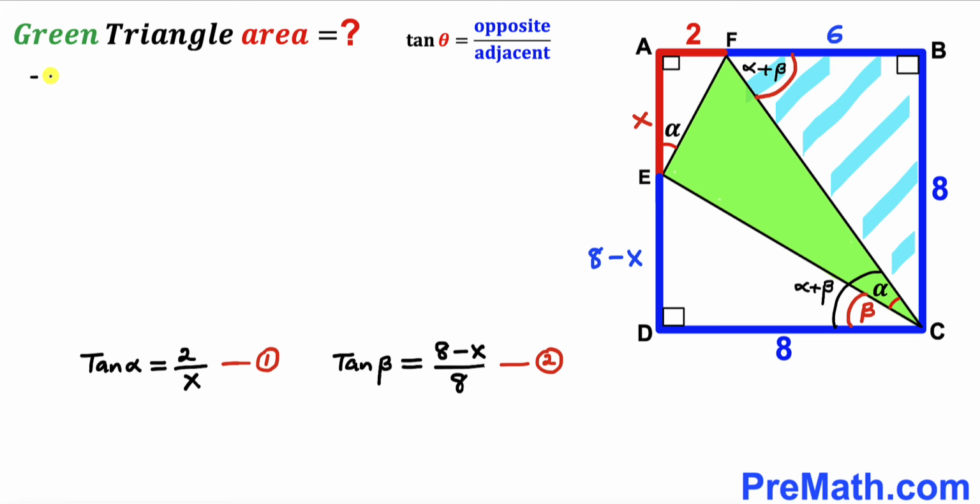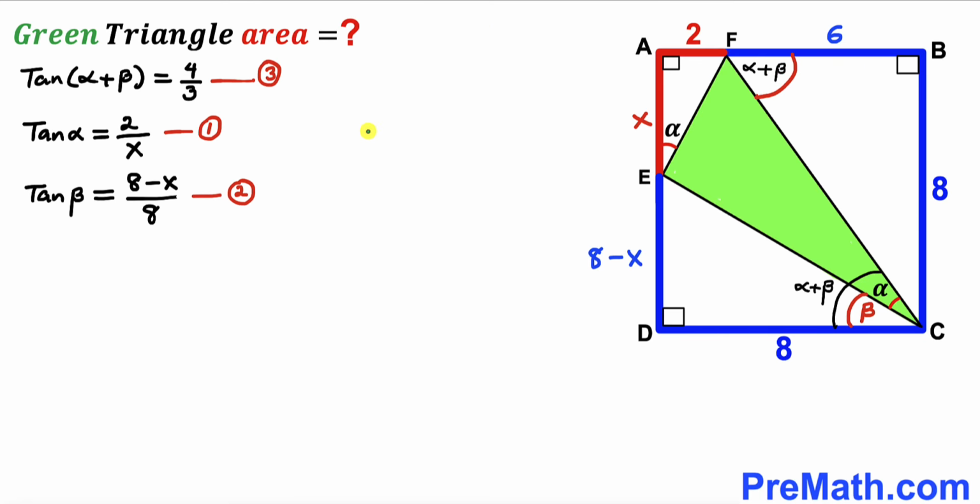So we can write tangent of angle alpha plus beta must be equal to 8 divided by 6, or if we reduce the right hand side, 4 divided by 3. I'm going to label this as our equation number 3. Thus we end up with this system of 3 equations.